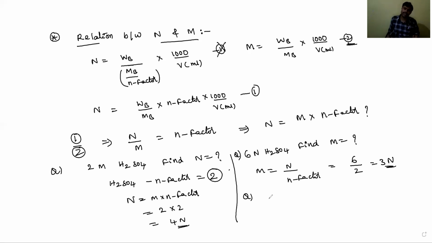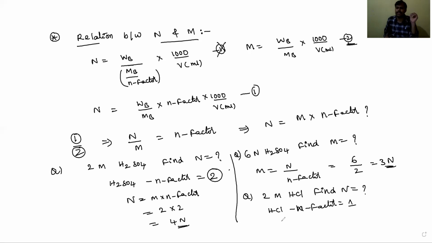Another important one: for example, 2 molar HCl is there. Find the normality. The n factor of HCl is equal to 1 only, because it is a monobasic acid and can produce only 1 H plus ion. That's why normality is equal to molarity into n factor, which is 2 into 1, equal to 2.